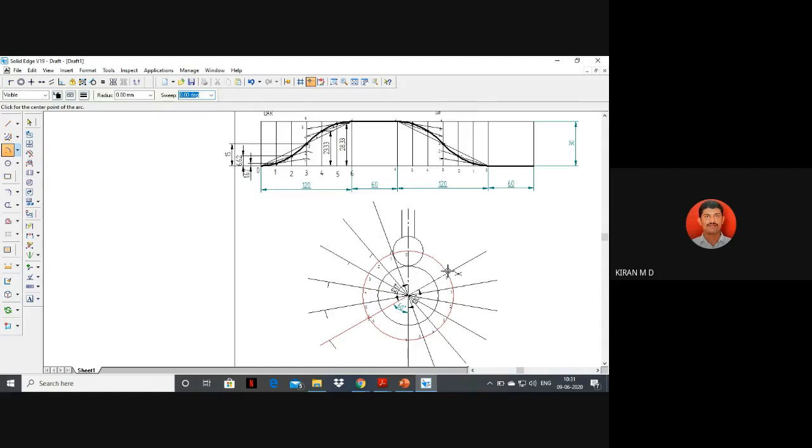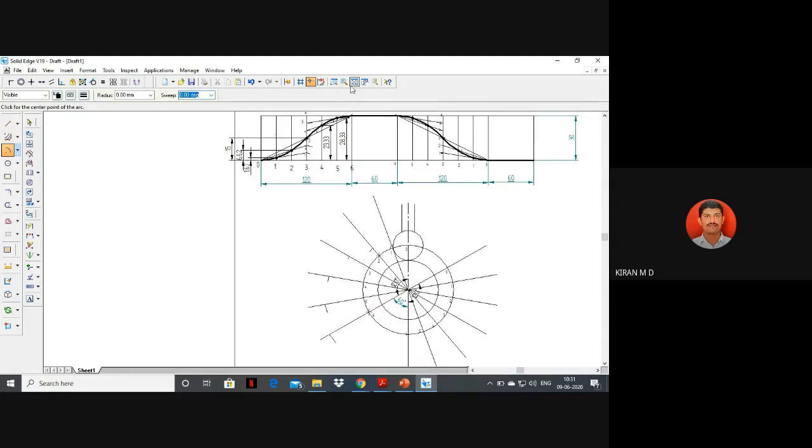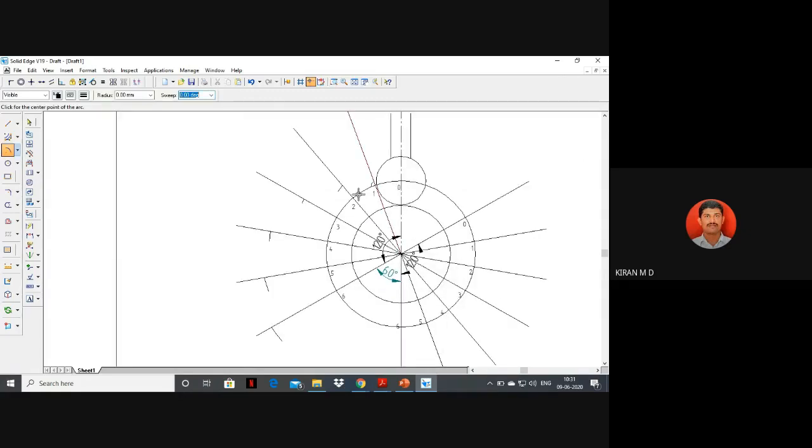So now first I will finish up this portion. The same portion we are going to use here. Once you took the points, these are the centers of the rollers from 0.